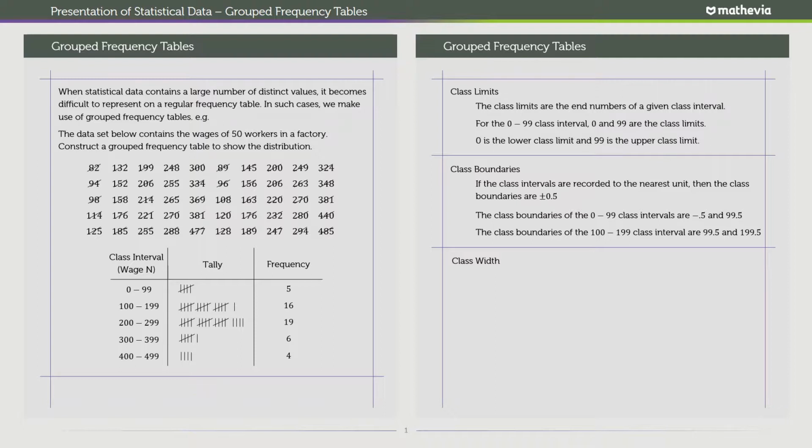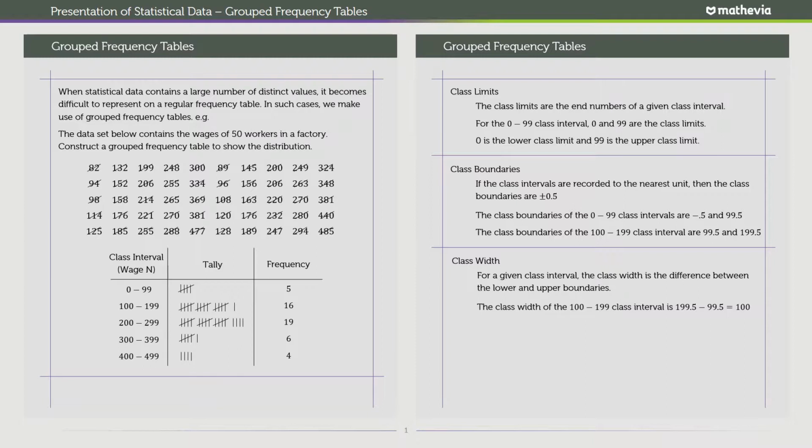Okay, so now class width. This is actually very simple. It's basically the gap between two boundaries. For a given class interval, the class width is the difference between the upper and lower boundaries. So you have two borders, and the class width is simply the gap between the two borders. The class width for the 100 to 199 class interval is 199.5, which is your upper class boundary, minus 99.5, which is your lower class boundary, and basically it gives you 100.